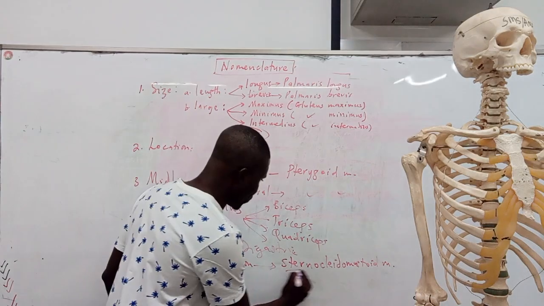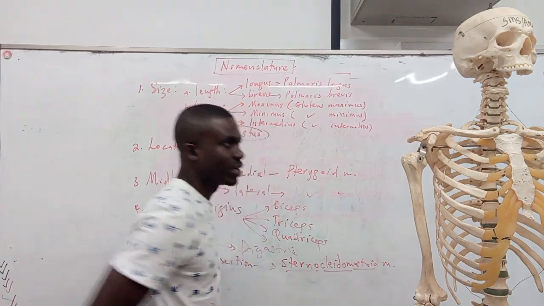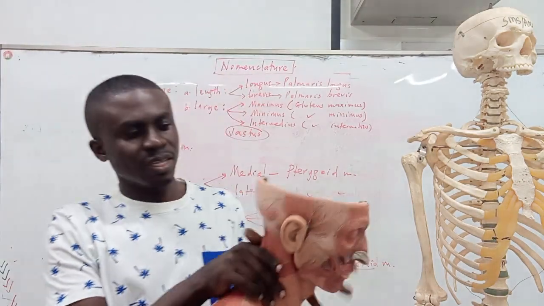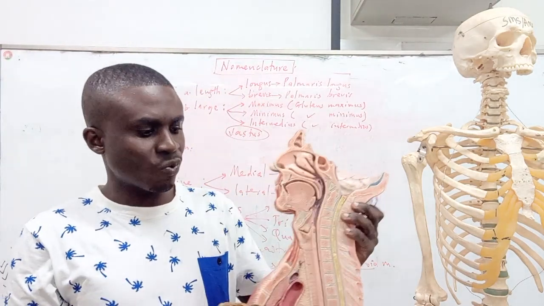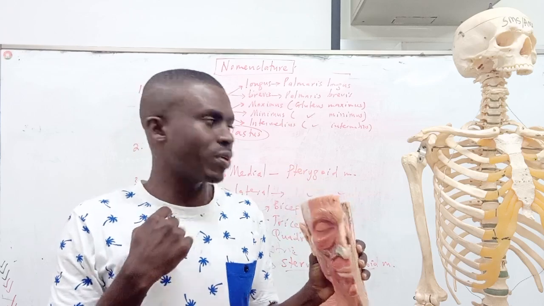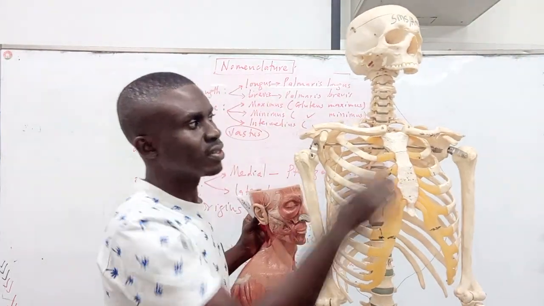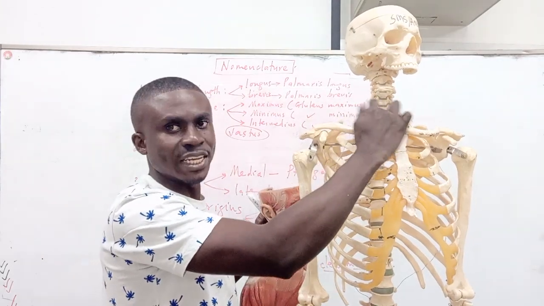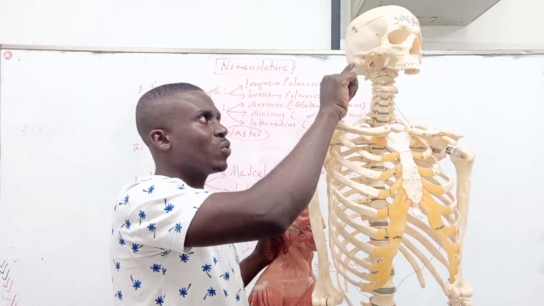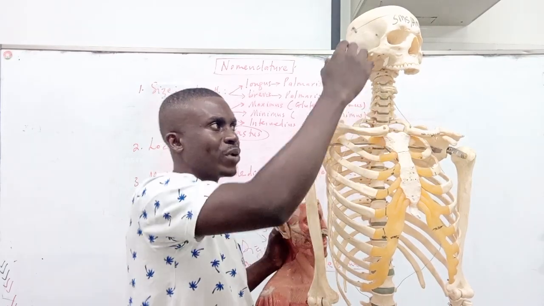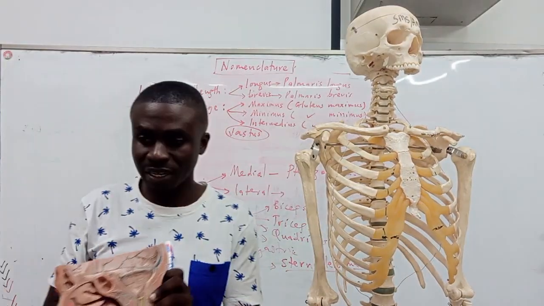Now the name is based on the attachment, the origin and insertion, because it's having one of the origins from where we have the sternum, the clavicle, cleido, and it inserts all the way to this guy over here, the mastoid process of the temporal bone. So the name is sternocleidomastoid muscle.